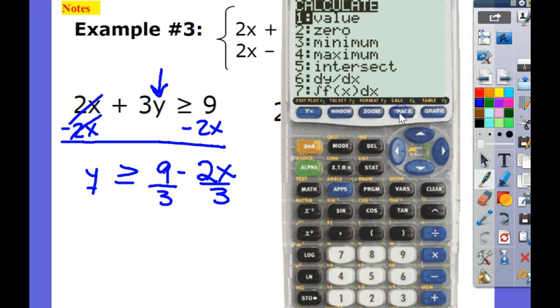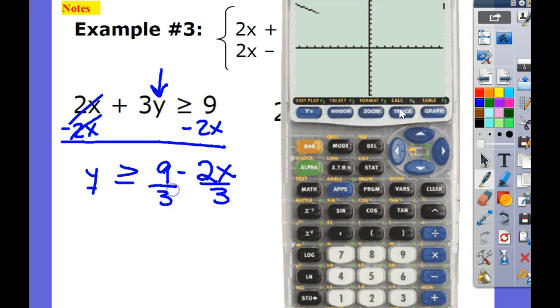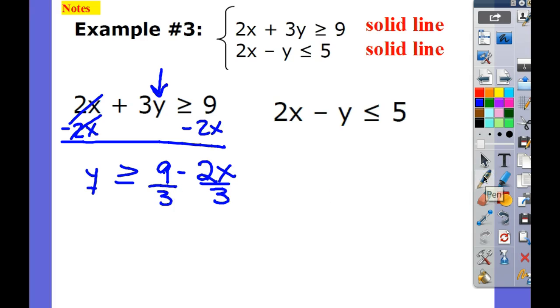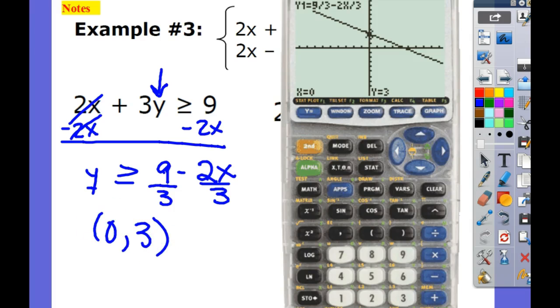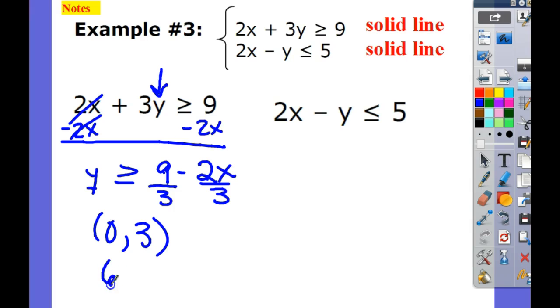And so then when you trace it, 0, 3 is 1 point on the line. And trace it down here some more. Now, would I use that as a pretty point right there? No, I'm going to trace until I find a pretty point. I'm having trouble finding a pretty point. There we go. 6 and negative 1 is a pretty point.